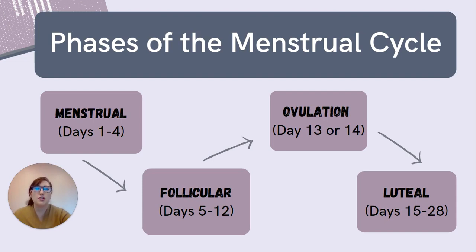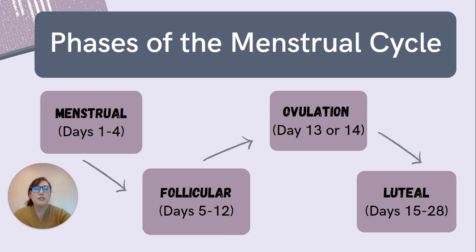Mid-cycle is when ovulation occurs, thanks so much to that LH surge. And then the last phase is the luteal phase during cycle days 15 to 28. So what happens here? During this phase, the corpus luteum from the ruptured follicle is producing progesterone. Now, if pregnancy and implantation does not occur, then the corpus luteum starts to disintegrate.